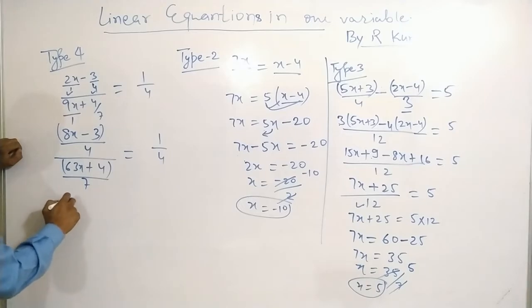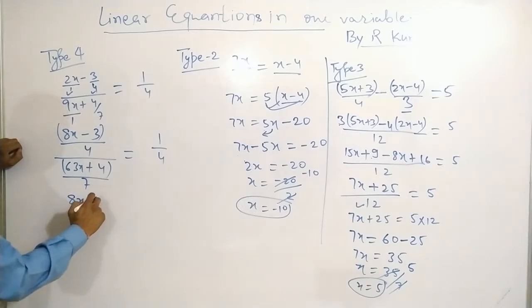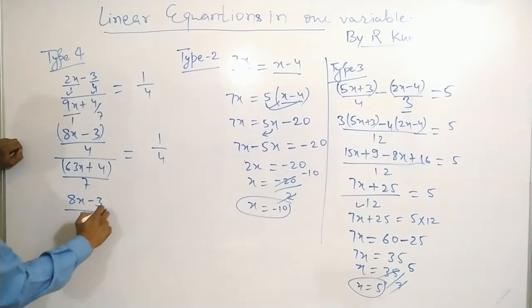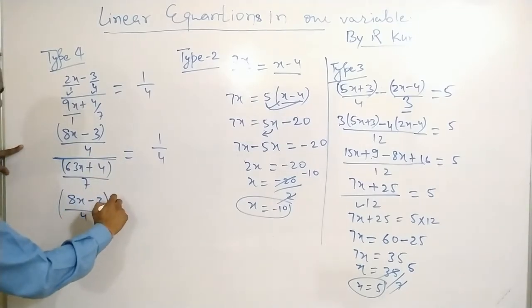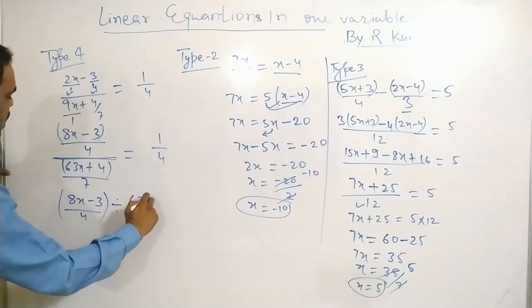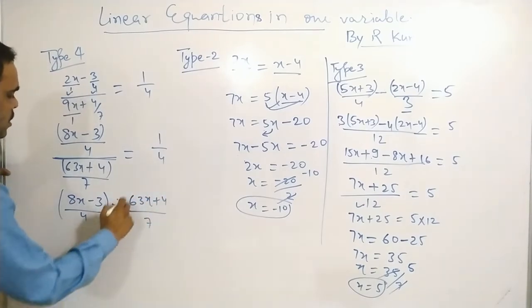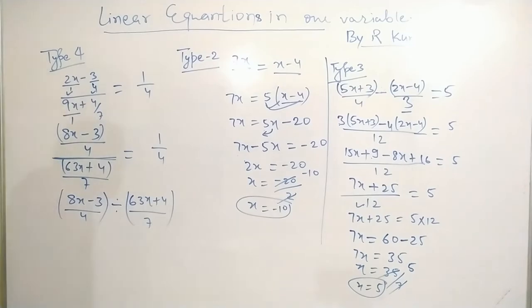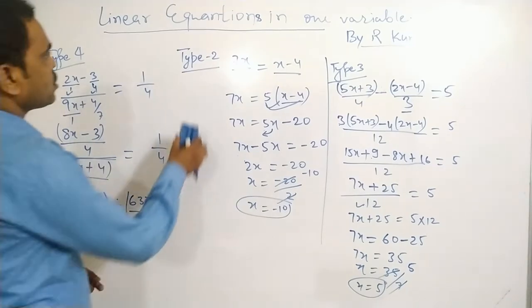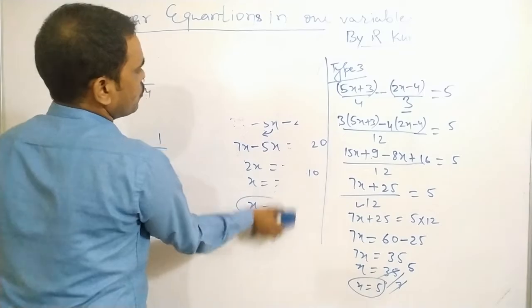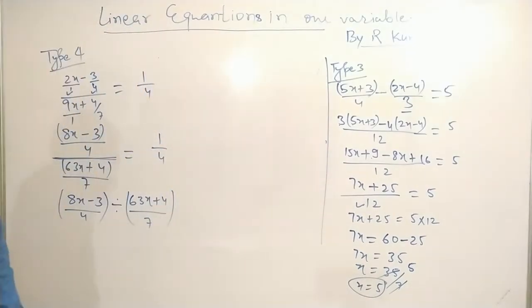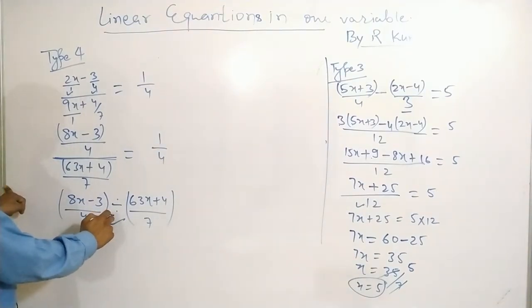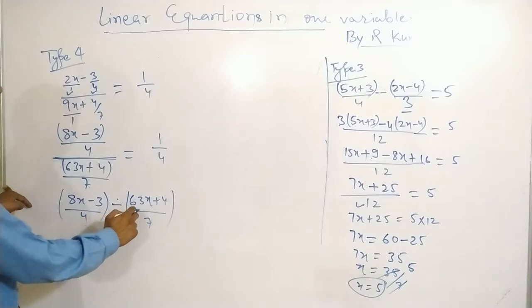Now, just for making you understand, I write this form. This is a division sign on this, so I can write it like this also. So 63x plus 4 by 7, and we all know in division we change it to product, and for changing, whatever the term is there after this division sign, after changing this division sign into product, we write the reciprocal of it.